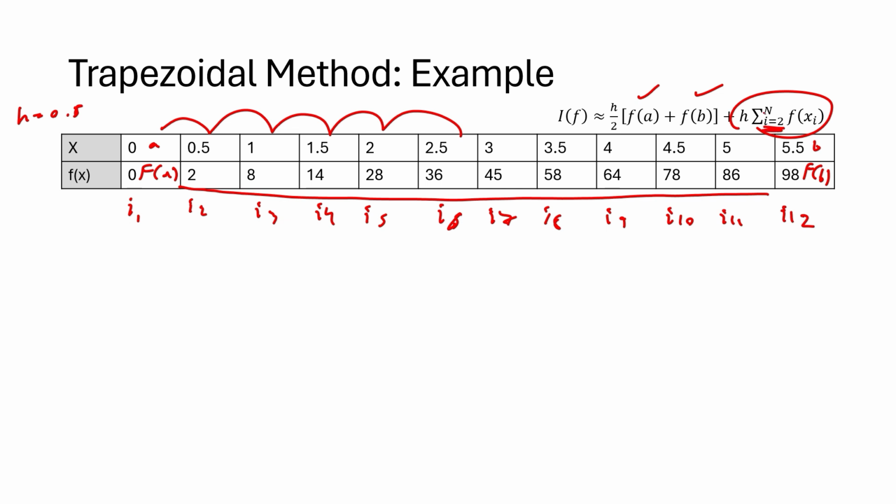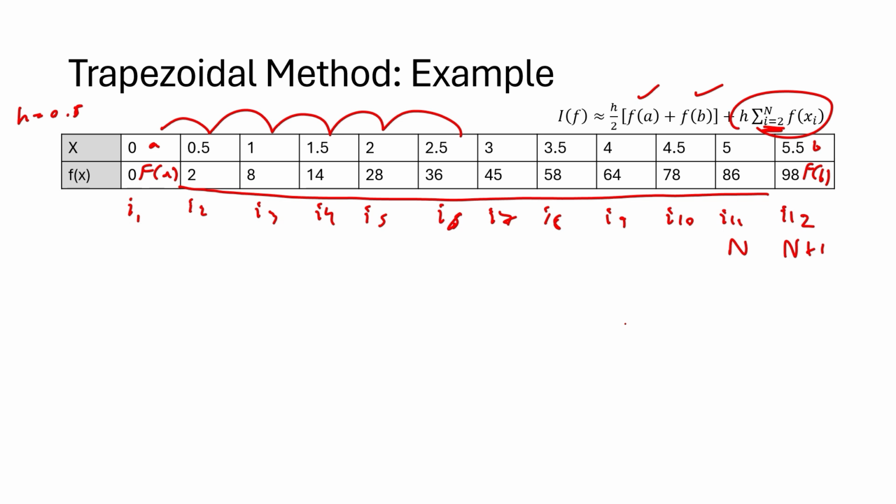And you can see that the sum starts at i equals 2 and goes all the way to n. Now, in this case, we have 12 points, which means 11 subintervals. So this is where our n is, and this is our n+1. Now that we have all this information, we can go ahead and start plugging in.